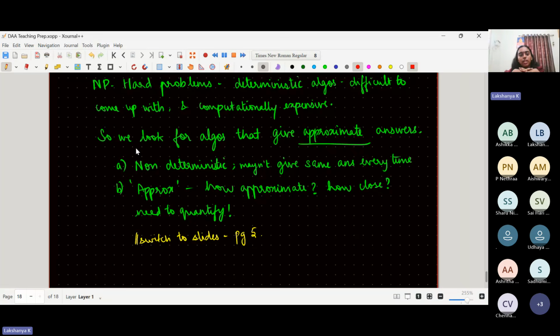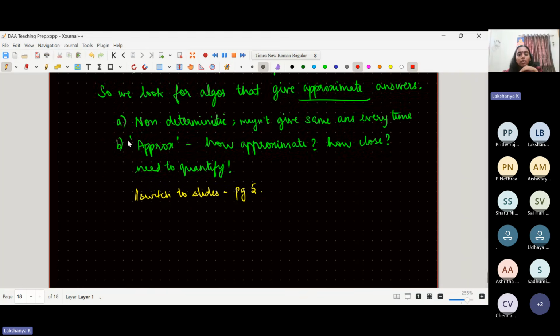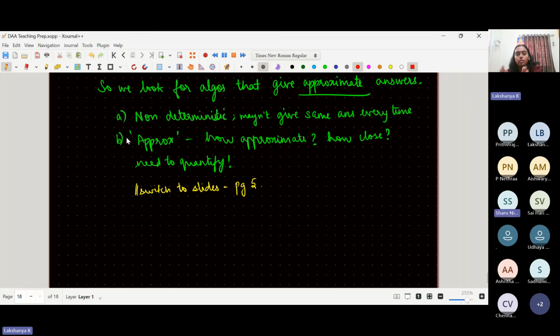You have a brute force algorithm, but that is going to be n factorial or 2 to the power n, which is very expensive even for small input sizes, right? So then we will go for algorithms which are approximate. They will not give you the exact solution, but they will give you a good enough approximate solution.